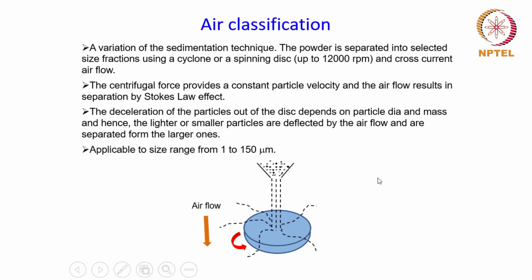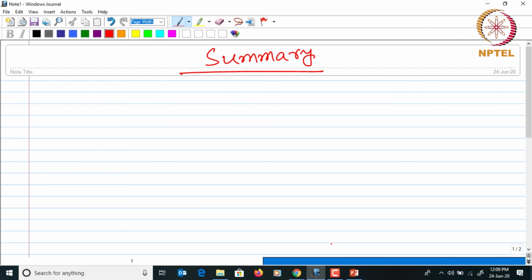Okay, so before we finish this lecture, let us take a moment to summarize it. In this lecture, we learned about these 4 techniques of particle size measurement. These were electrical zone sensing, which is based upon the conductivity change of a fluid as the particles move through an aperture in a tube which is dipped in the fluid in which the particles are dispersed.